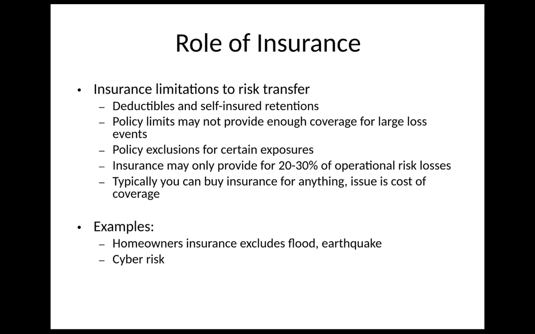Sometimes, from an insurance standpoint, the limitations are that you might have high deductibles, or policy limits may not provide enough coverage for large loss events. Say you have a major auto accident, and the 15/30 coverage, which is the minimum in most states, meaning $15,000 for an individual and $30,000 for the entire claim, is all you have.